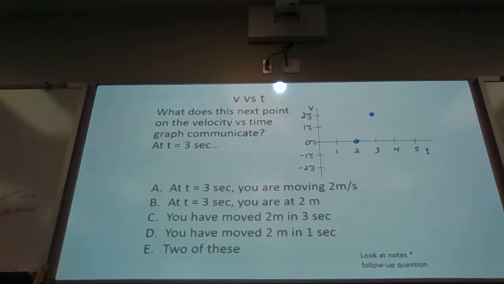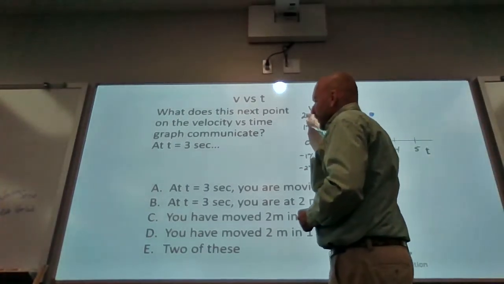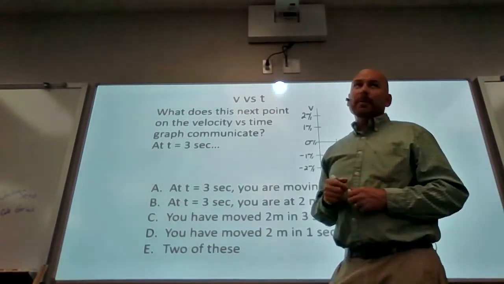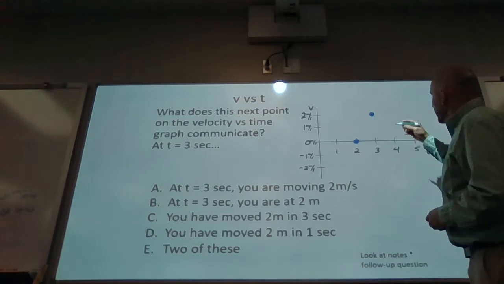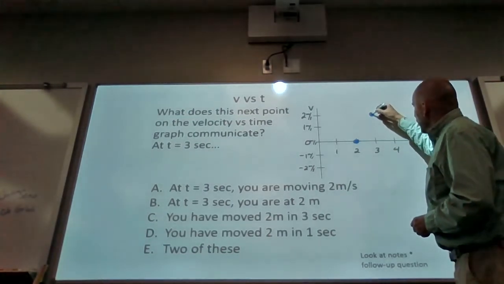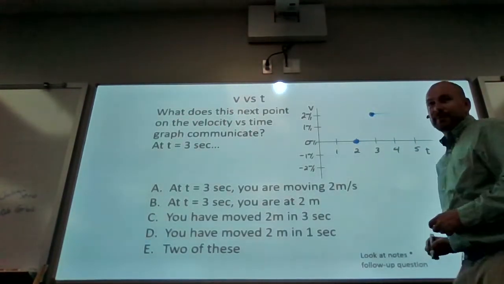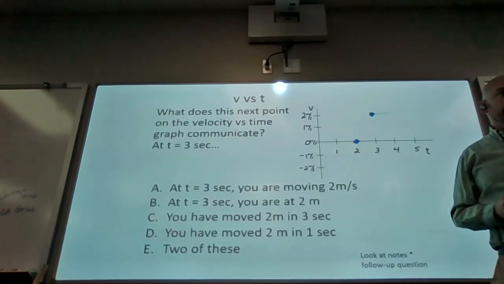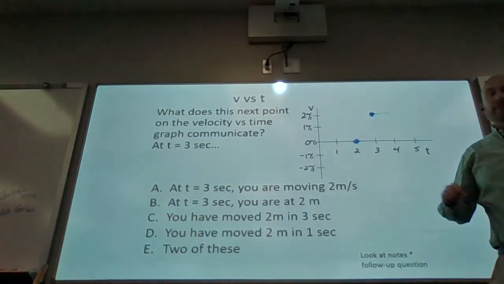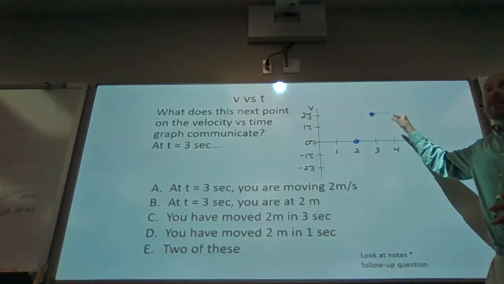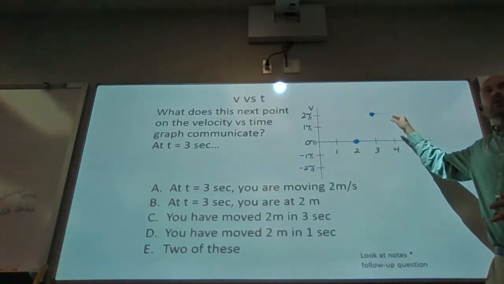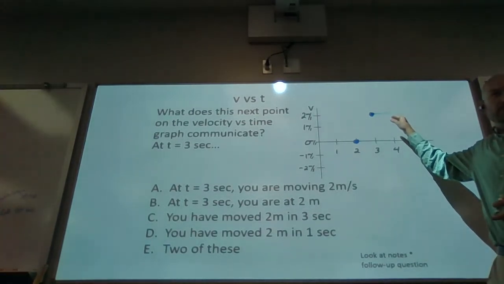Your speedometer is just showing that you're traveling at that rate for that moment in time. All this tells you is your speedometer is going 2 meters a second at that moment. The only way you're going to travel 2 meters is if you traveled at that rate for an entire 1 Mississippi. If you traveled at 2 meters a second for an entire second, then you would have traveled 2 meters. You see the difference?